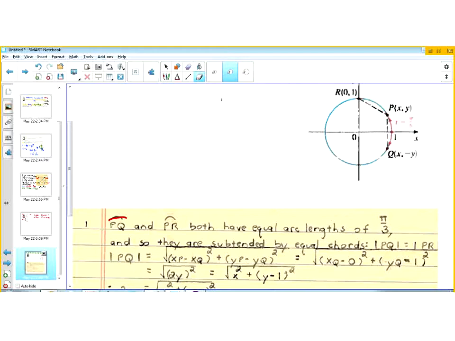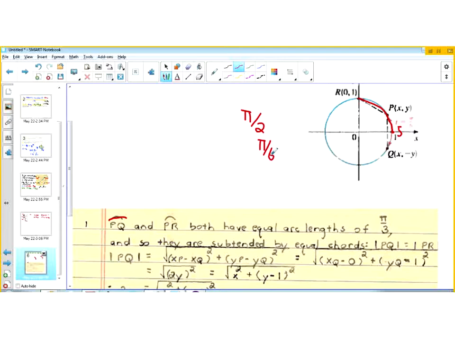Well, we can figure it out. We know that the arc length from here to here is pi over 2. If we call this point O, or yeah, we've already used point O, so we'll call it point S. The arc length from point S to point R is pi over 2 radians, and the arc length from S to P is pi over 6 radians.